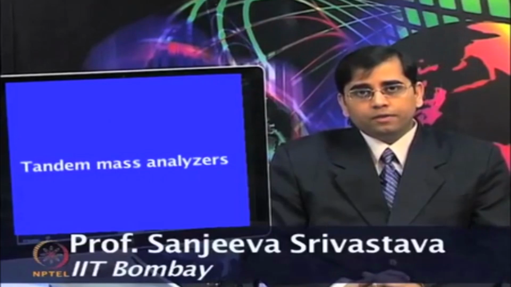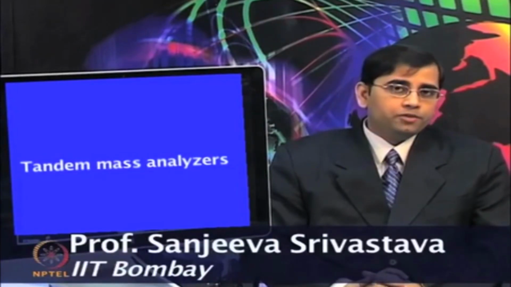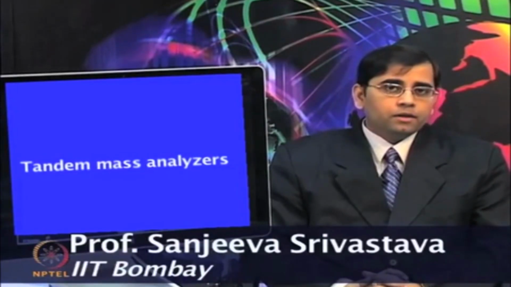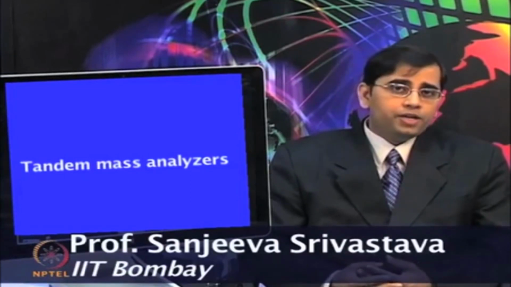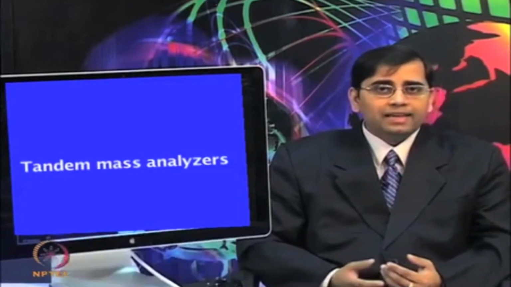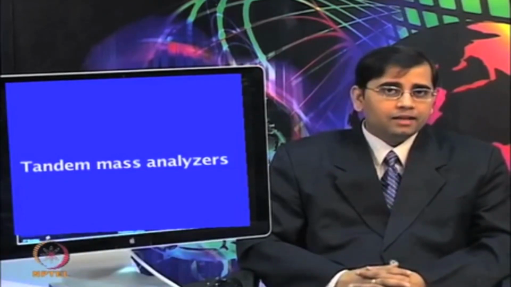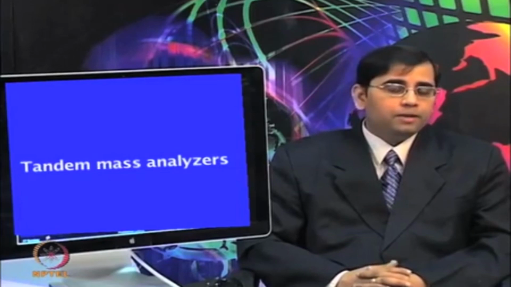So, we have discussed all the important components of liquid chromatography mass spectrometry. Now, one can apply these configurations in tandem. One can select different types of mass analyzers and use them based on their applications. So, now we will look at some of the popular hybrid MS and MS-MS configurations.